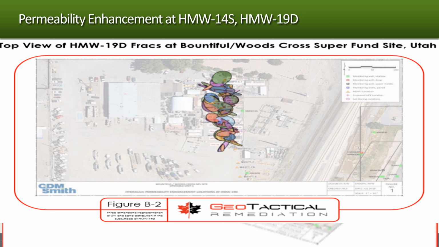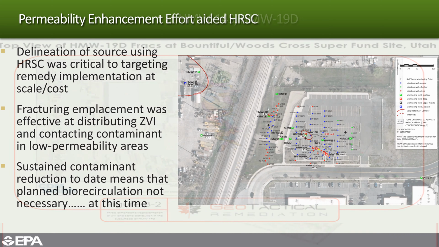But because this work was done in 2019, there isn't a lot of data to say what the permeability enhancement looks like at these locations, but suffice to say that it is promising, as is 2 years or 3 years worth of data coming out of the permeability enhancements that took place in the source zone.